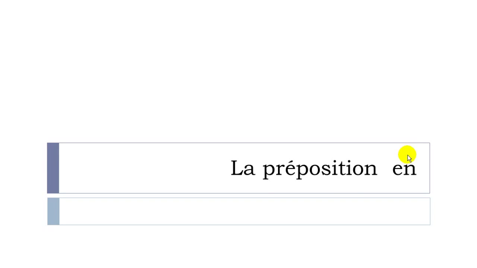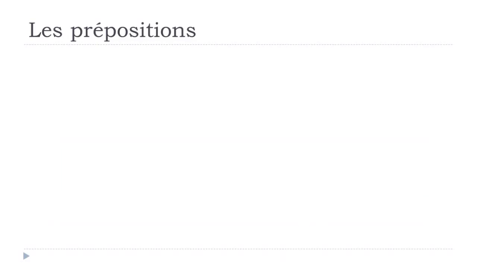La préposition en. Remember, in the previous lesson we saw la préposition de, the lesson before it was la préposition à, and in the next lesson we'll discover quite many other prepositions. So let's start with la préposition en right now. It can be used to express this "to" concept in English.